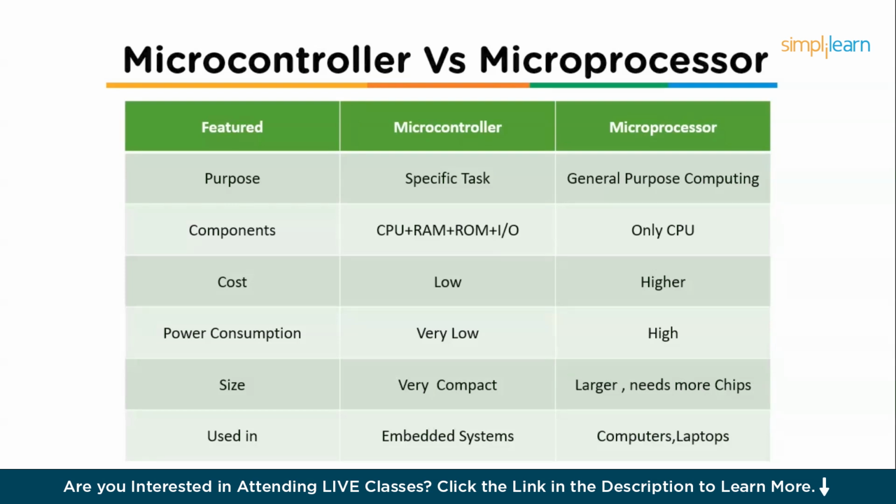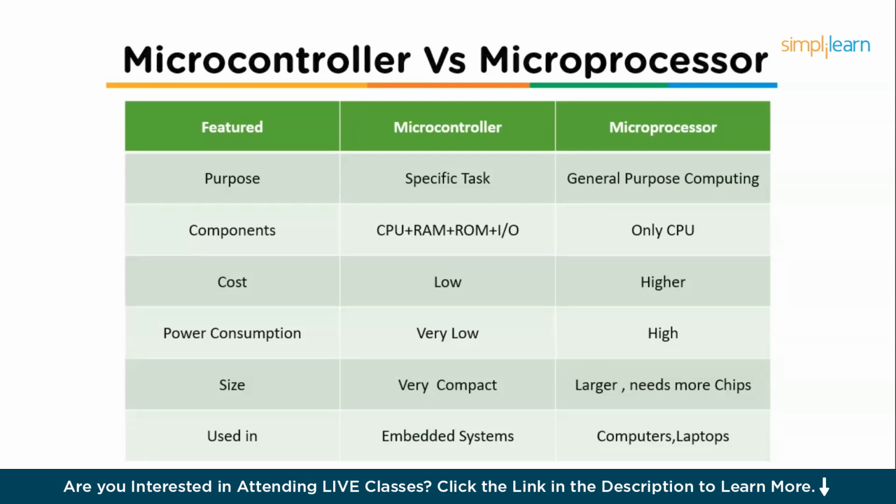The cost of a microcontroller is very low, and for a microprocessor it is higher. The power consumption of a microcontroller is very low, and for a microprocessor it is very high. The size of a microcontroller is very compact, and the microprocessor is larger, needs more chips. Microcontrollers are used in embedded systems and microprocessors are used in computers and laptops.